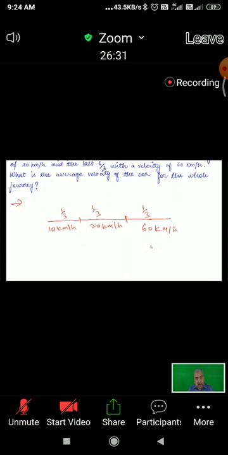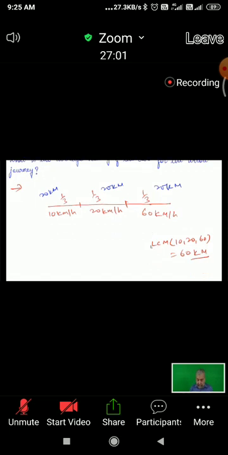Here you should take LCM, because total distance is not given. So if you take LCM of the speeds, 10, 20 and 60, you can take the whole distance as 60 kilometers. Now 1/3 of 60 is 20 kilometers here, 20 kilometers here and 20 kilometers here. I have written 20 kilometers just to calculate time.